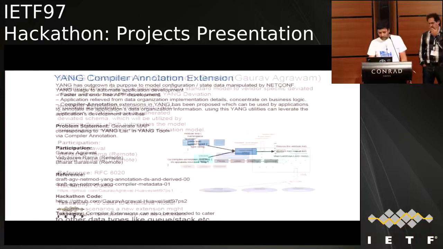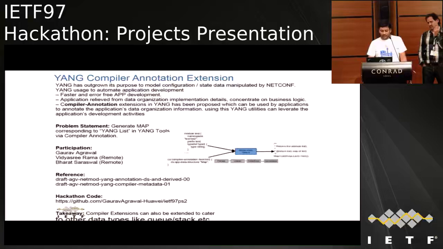Another problem statement we worked on is the compiler annotation extension, as a part of which basically we wanted to generate a Java map corresponding to a Yang list. Basically, Yang is not only to define schema nowadays, Yang is also used to automate the application development. With that perspective, we need something extra to instruct a compiler to do something extra.